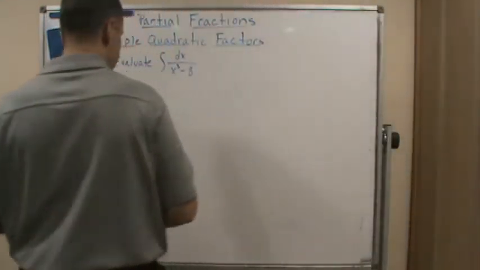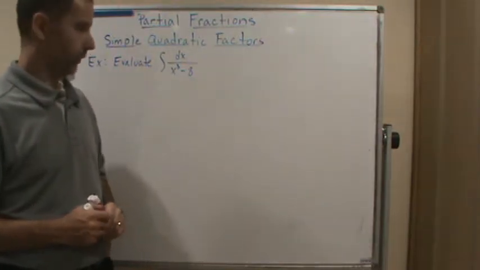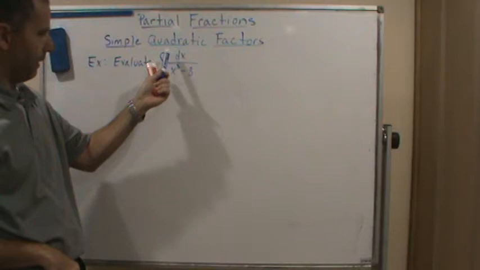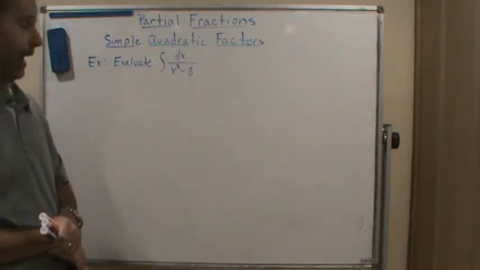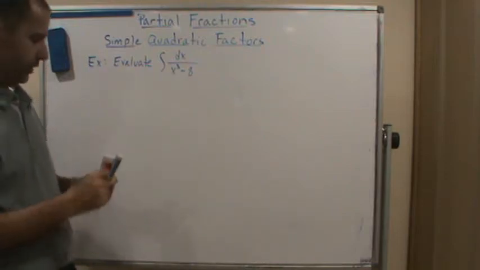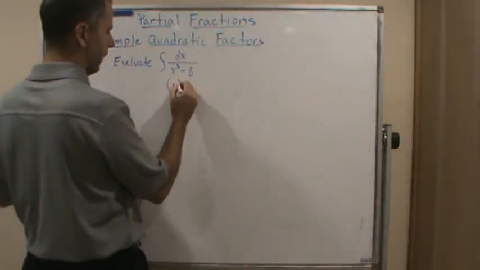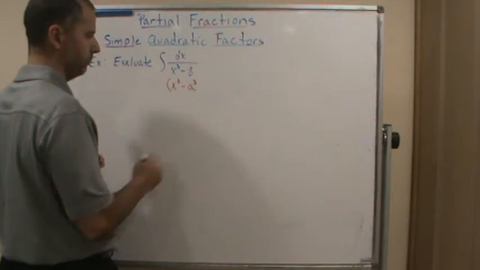So now, in this example, we have dx over x cubed minus 8. Okay, so the first thing we need to check is that the degree of the top is less than the degree of the bottom. And so now we need to factor this. You have to recognize that this is in the form of x cubed minus a cubed.